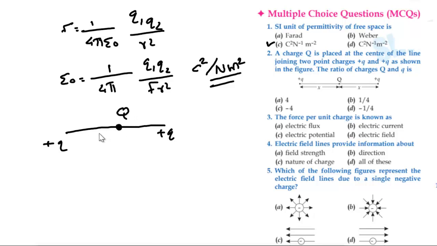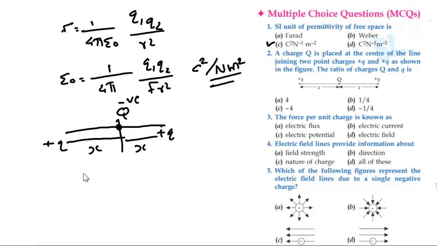These charges are at distance x apart from the new charge. If I keep a charge over here, this charge will be negative, because positive and negative will attract each other. So we will get equilibrium at this point.